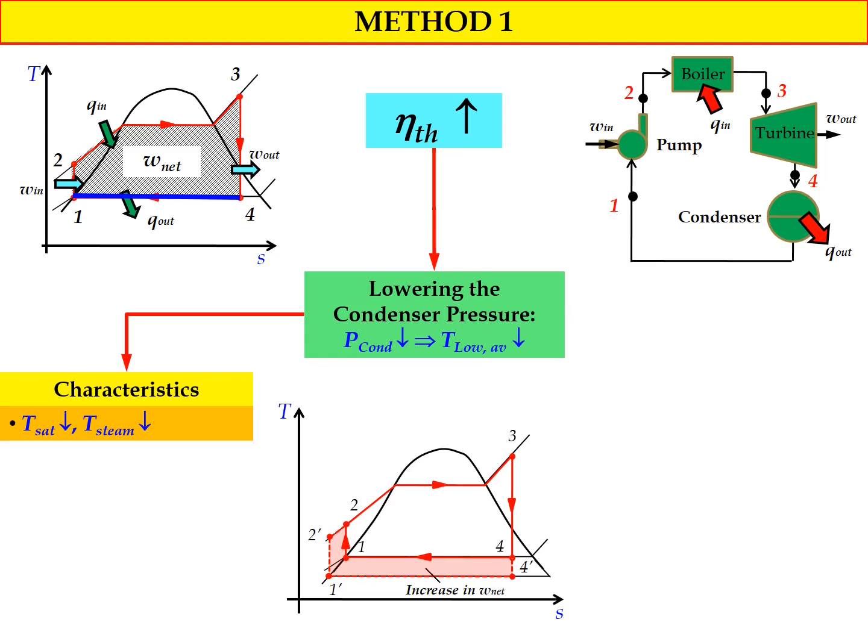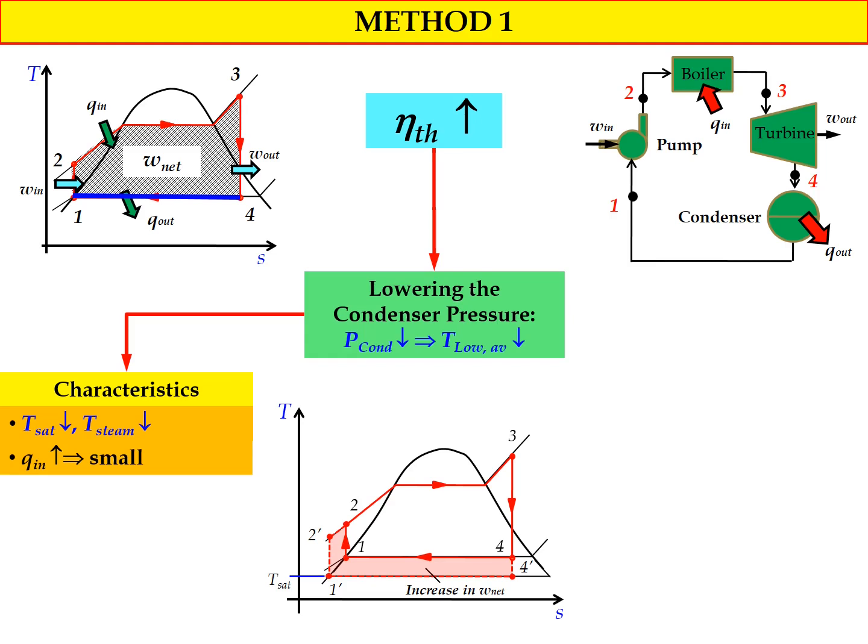If you compare the steam temperature, which is the outlet condition at the turbine, state number 4 with state number 4 prime, state 4 prime will be lower in temperature compared to state 4.